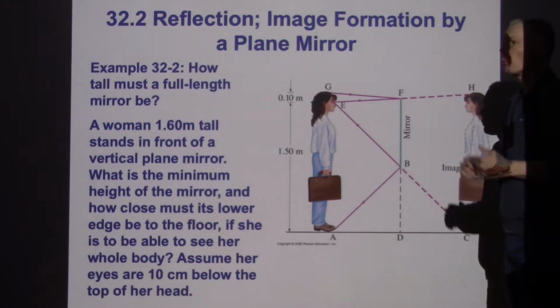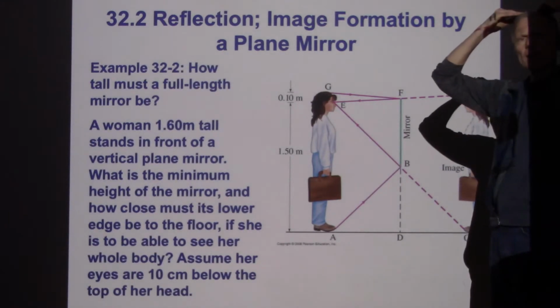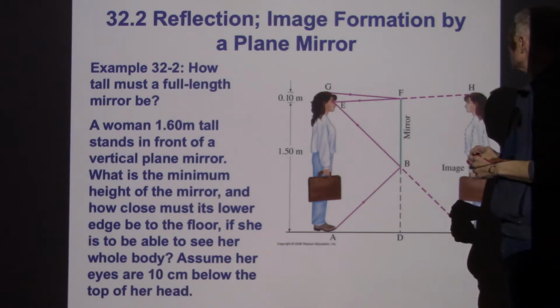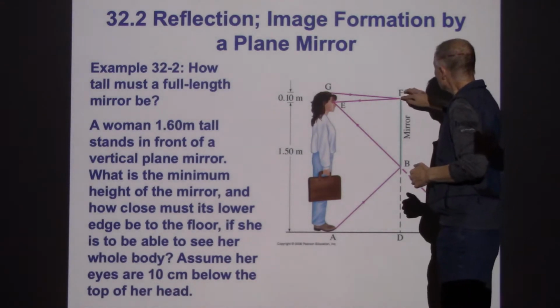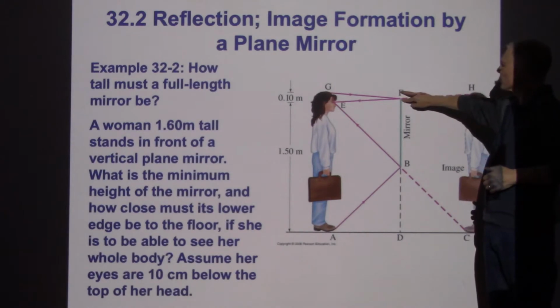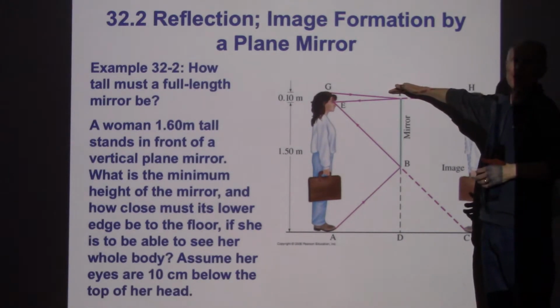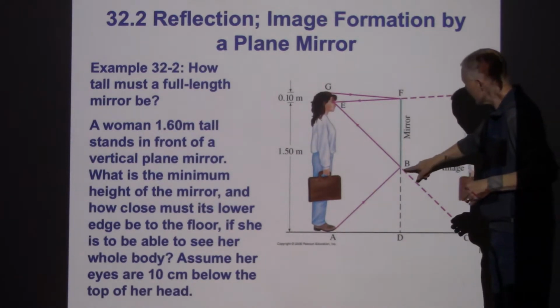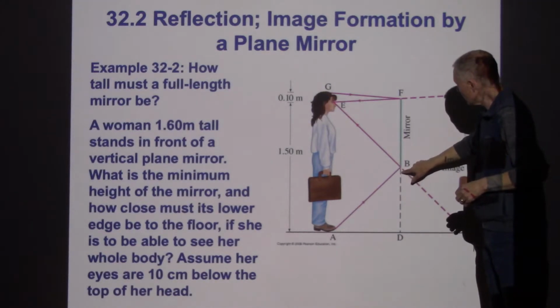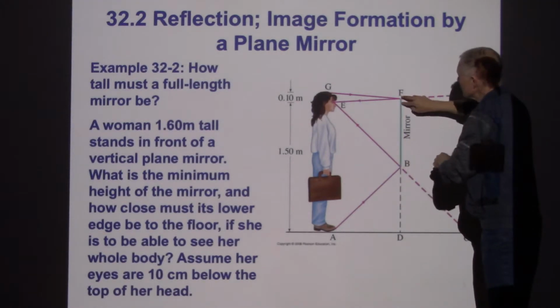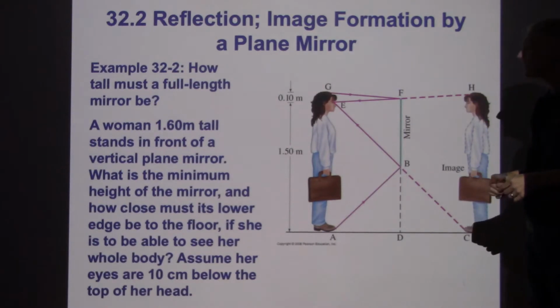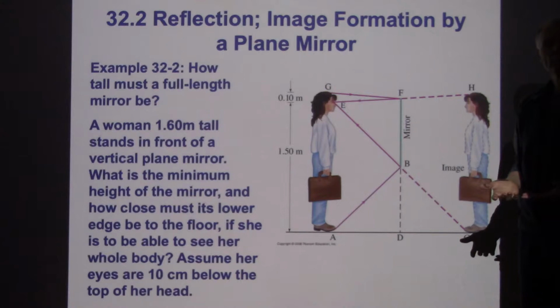That says that for the person to be able to see the top of their head, we're going to need the mirror to be within 5 centimeters of the top of the person's head. So that says 75 centimeters here, 5 centimeters here. It sounds like the mirror needs to be 80 centimeters, or half the height of the person.